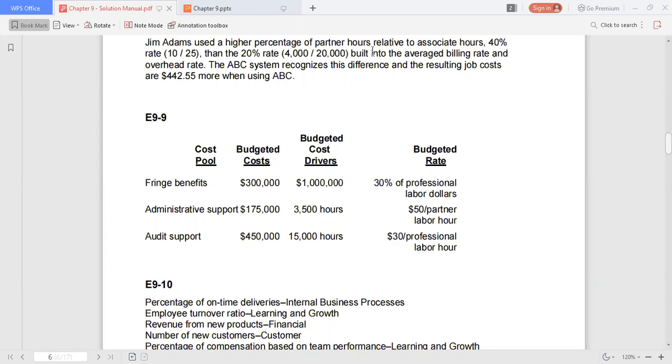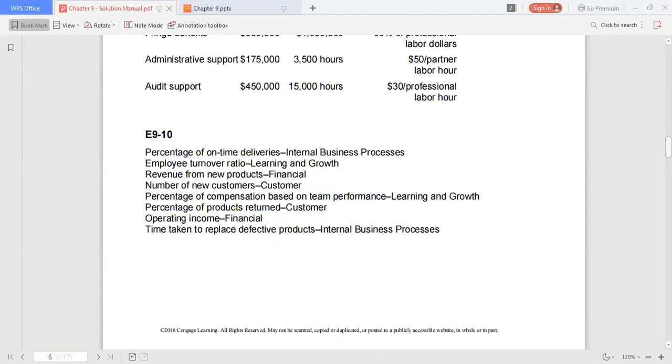Now we go to E9-10, categorizing balanced scorecard performance measures. From the following list of performance measures, label each one as financial, customer, internal process, or learning and growth. Now, these are the four performance measure categories under the balanced scorecard.